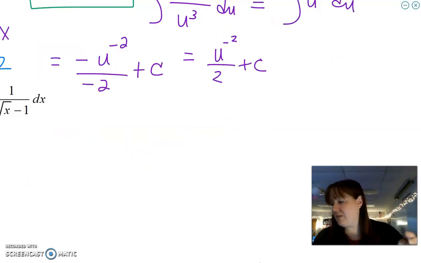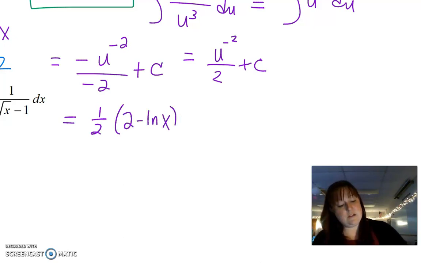Let's see, I got to put my u back in, so we're just going to go ahead and write this as 1/2, and then u was 2 minus ln of x to the negative 2 plus c, and you're done.